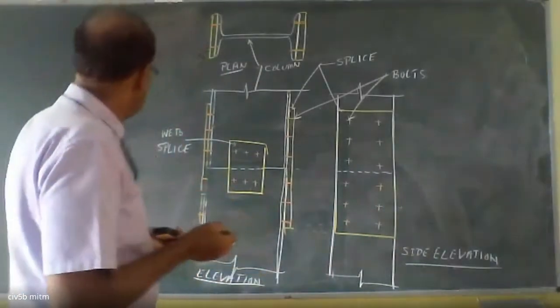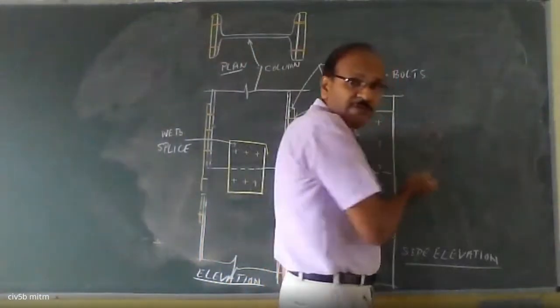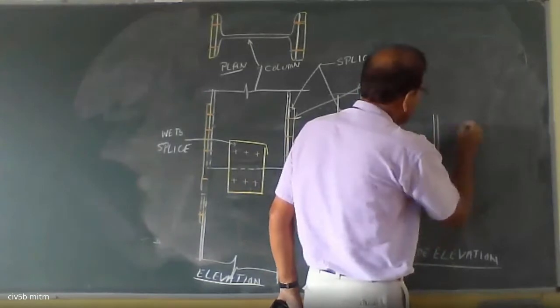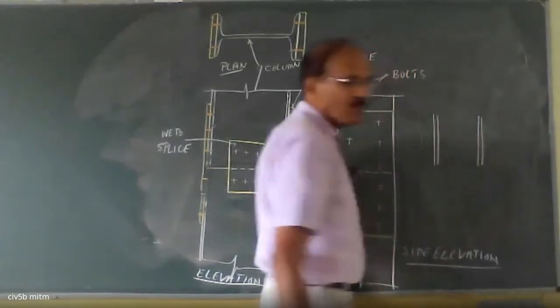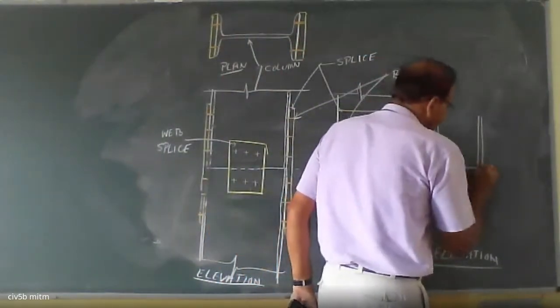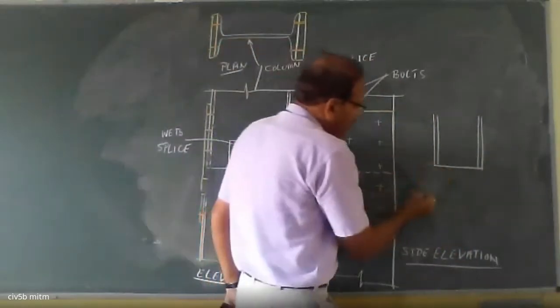What it means, say for example, if I take a piece of I section, this is an I section. If I draw a straight line here, the edge is sharp.